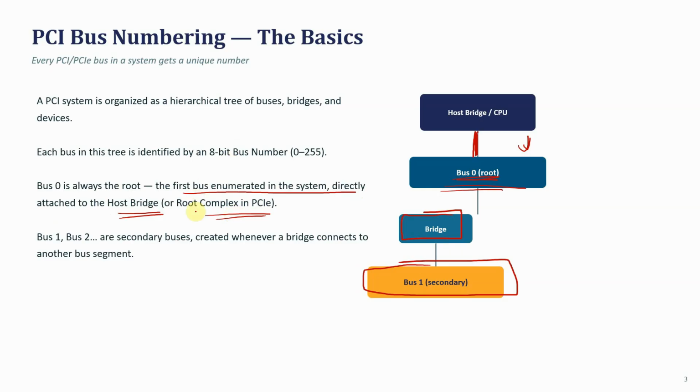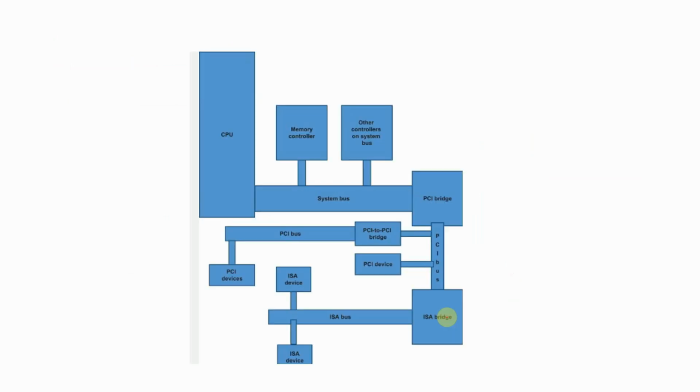Bus 1 and bus 2 are the secondary buses, created whenever a bridge connects to another bus segment. If I have a bridge between two buses, then the upper bus is known as bus 0 and the lower bus is known as the secondary bus, or bus 1.